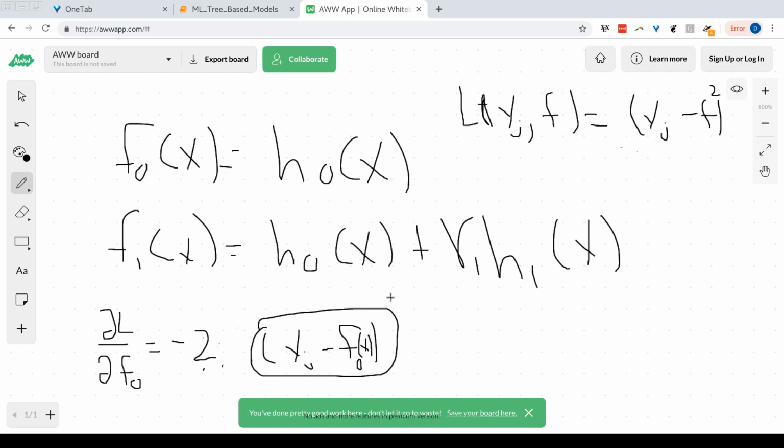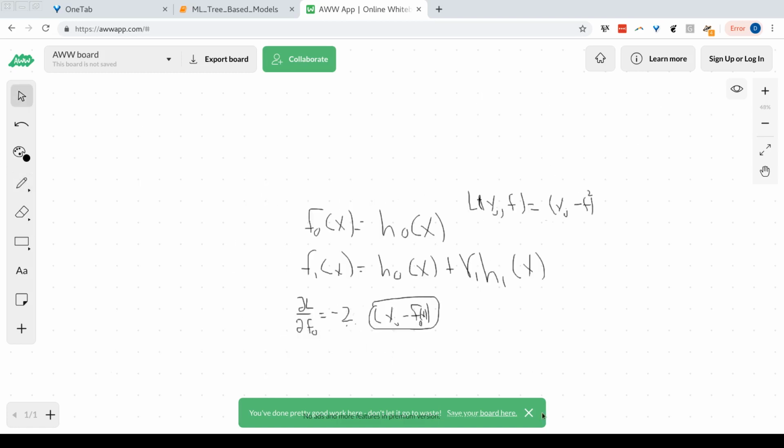Okay, so once we've trained h of 1, let's discuss how we go about calculating this gamma 1 value. Remember I said before, gamma is going to represent the contribution of that model to the overall model. How much should it contribute? The way we calculate gamma 1 is we look for the gamma 1 that's going to minimize our loss function, whatever loss function we chose.